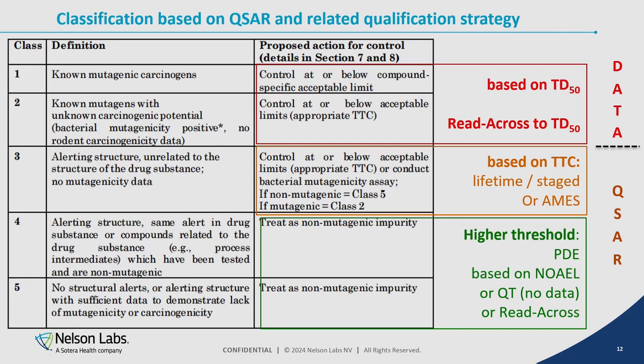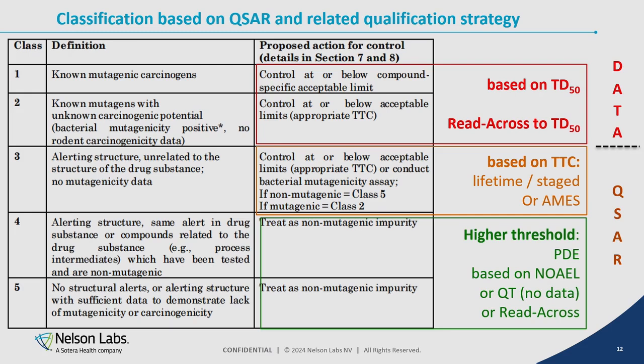So if you have run both of them, you come into the classification of ICH M7, which also allows you to say in which condition you continue with your assessment. Class 1 is mutagenic carcinogen, so you know it's mutagenic, you know it's a carcinogen. So there is obviously TD50 information, so you can use the TD50 value to derive your acceptable intake.